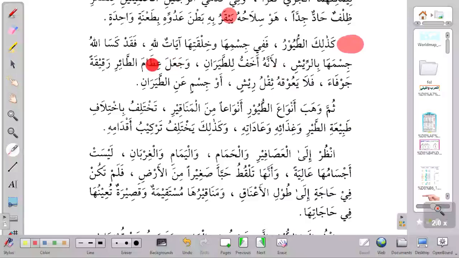وَجَعَلَ إِزَامَ الطَّائِرِ رَقِيقَةً, and then he made the bones of the ta'ir, of the bird, raqiqatun. Raqiqatun means light. Jawfa'a means hollow. It is not heavy. It is just inside. Inside there is nothing in it.